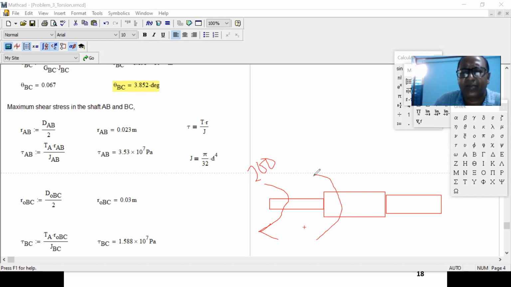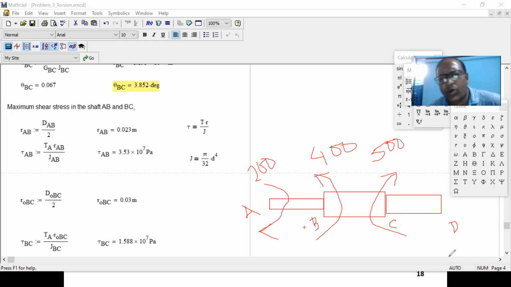Right over here, anti-clockwise, say 400. Right over here, this direction 500. Okay. So if I say this is A, this is B, this is C, this is D. How much torque do you need to apply at point D to make a balance?